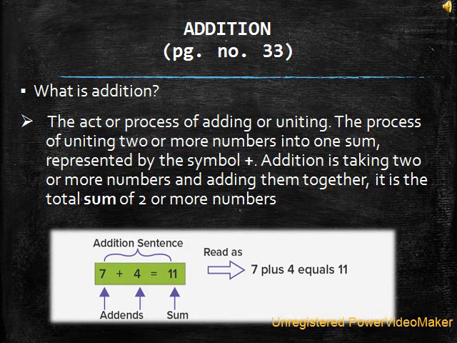So the 11 is our answer, which is known as sum. 7 and 4 are our addends. Addends are the numbers which we are adding. We will always remember those numbers as addends. It will be easy for us to solve further questions.